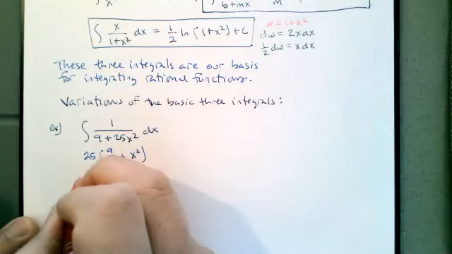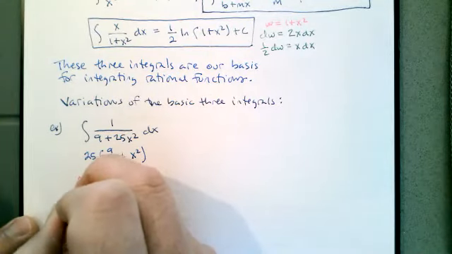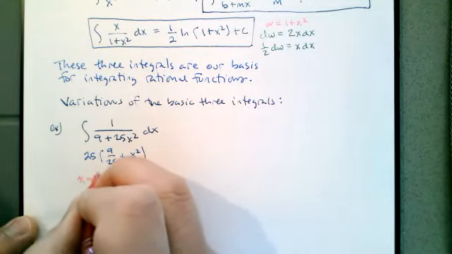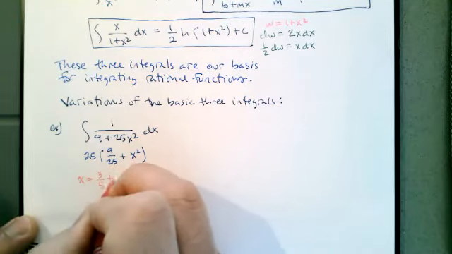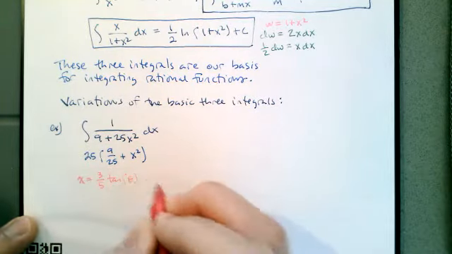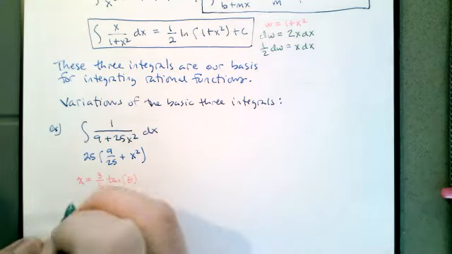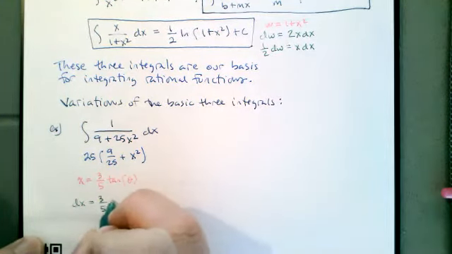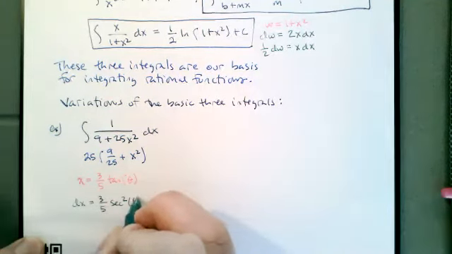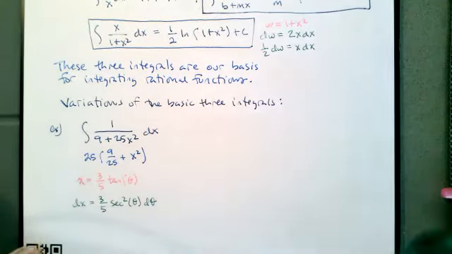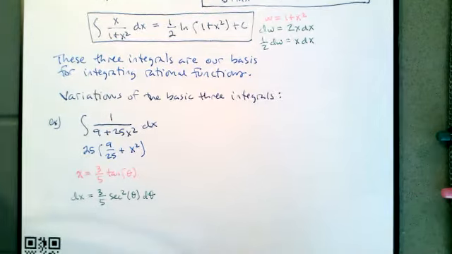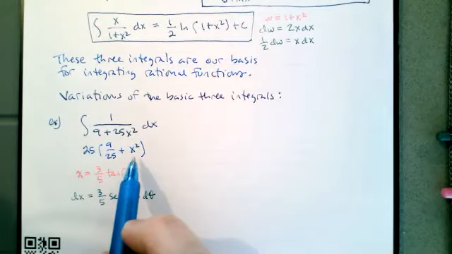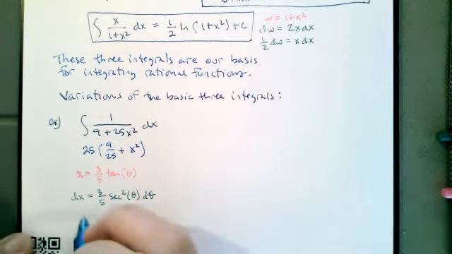And so our x will be 3/5 tangent of theta. This means that dx is going to be 3/5 secant squared theta d theta. And the thing that we're going to use is 1 plus tangent squared is secant squared.